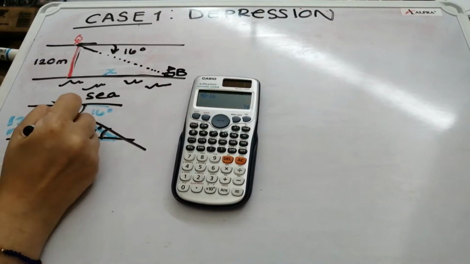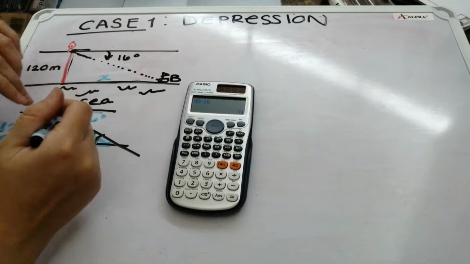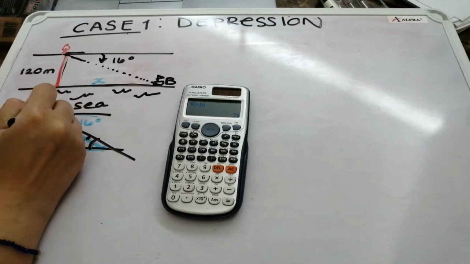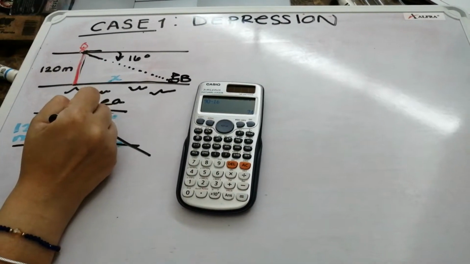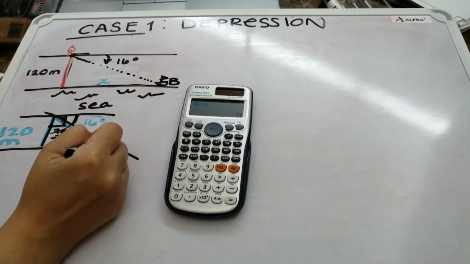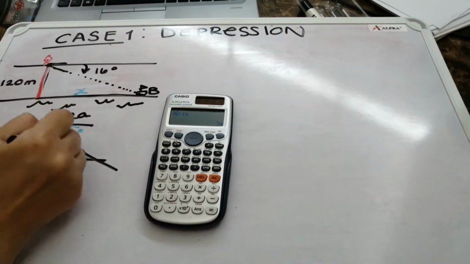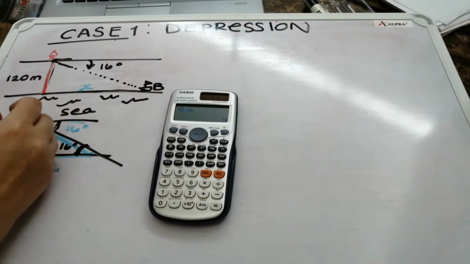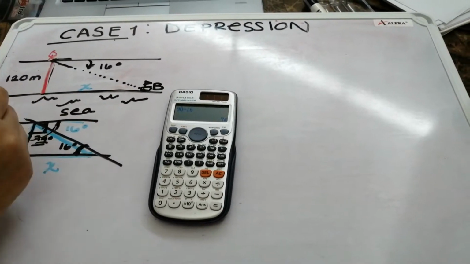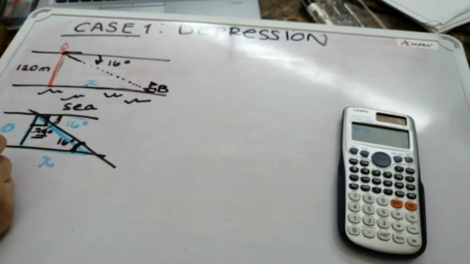Either the angle of 74, which I calculated by the difference of 90 degrees minus the 16 degrees, or I can use this angle right here, which will be equal to this angle because they are opposite angles, okay? So I'm going to do it both ways.